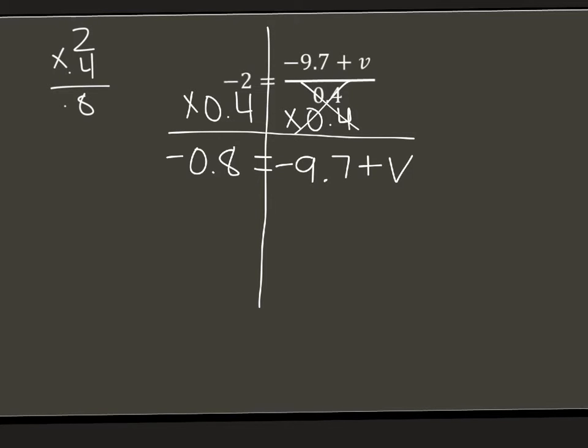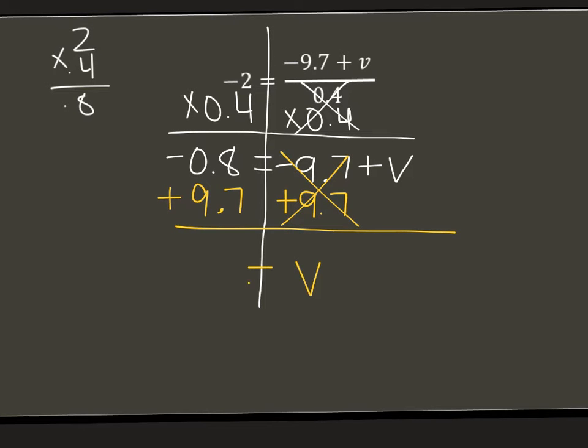Next, in order to isolate the variable, the only thing left to get rid of is that negative 9.7. So since that is a negative, I'm going to add 9.7 to both sides, which on the right-hand side leaves me with my V. Bring down my equal sign. I have a negative 0.8 and a positive 9.7. So remember, adding rules, different signs, subtract, and then keep the sign of the bigger number.